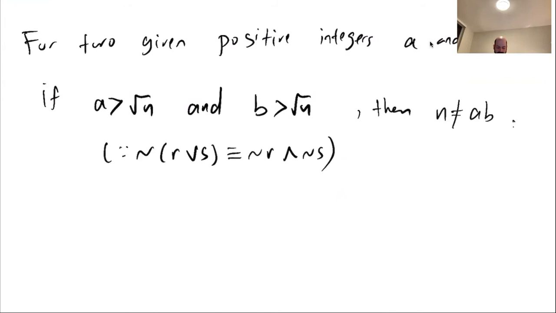So the assumption here is, a is bigger than root n and b is bigger than root n.